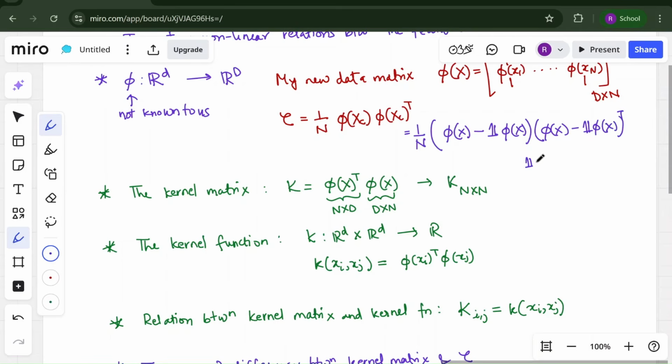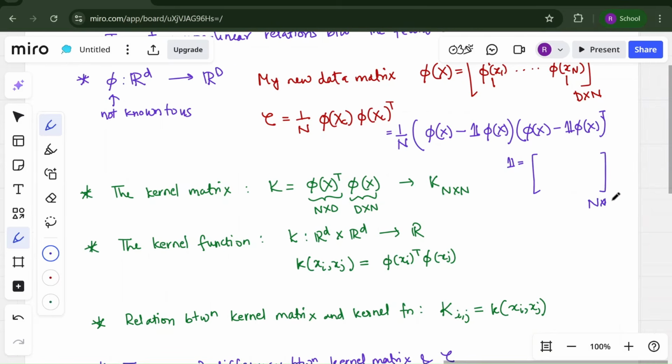This I is a matrix of shape n by n, and every entry is 1 by capital N. What is so special about this matrix? If you multiply this matrix on the left, or in fact on the right, of phi x, you will get the average along each column. So this entity is the same as this entity.